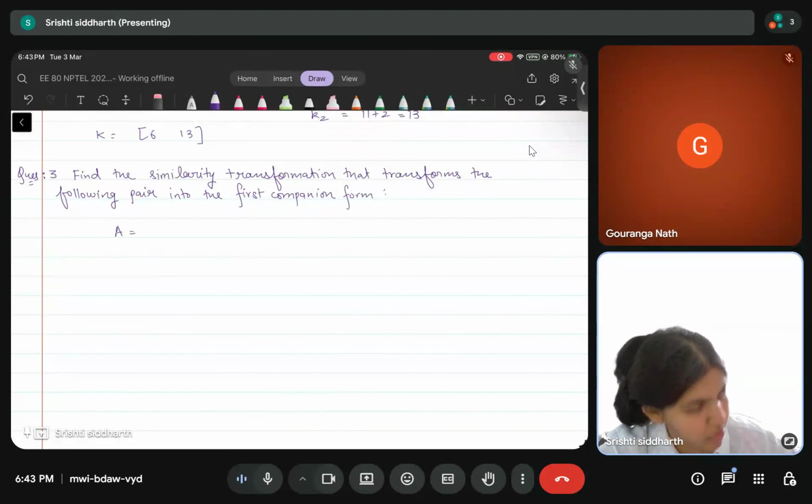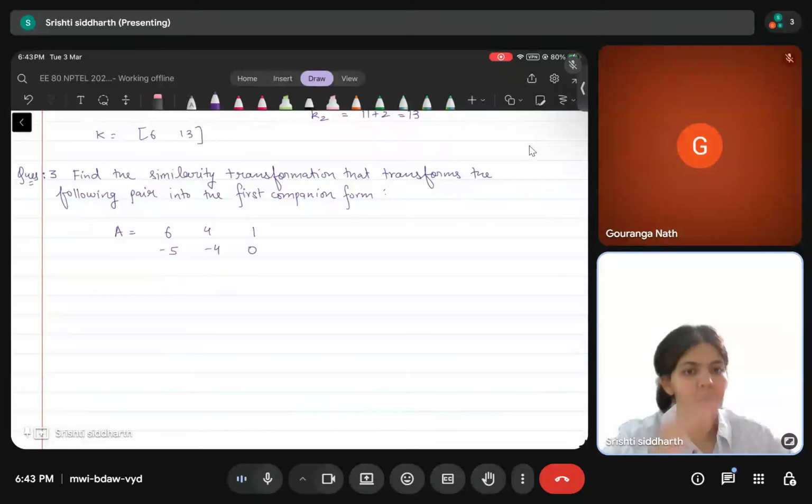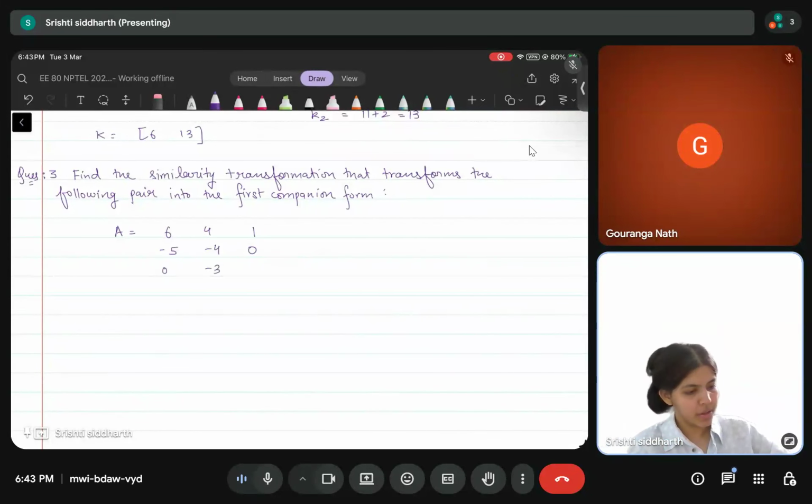So the A matrix for the system is [6, 4, 1; minus 5, minus 4, 0; 0, minus 3, minus 1]. And B is [1, 0, 0].